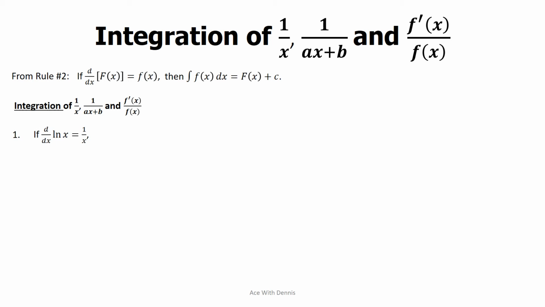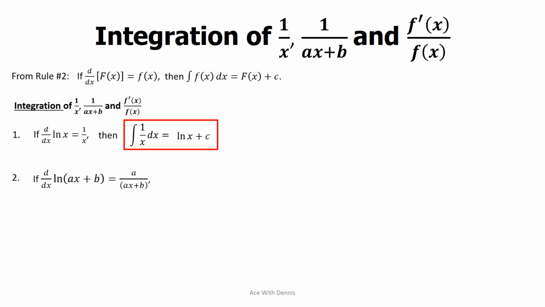Number 1. If d over dx of ln x equals 1 over x, then the integration of 1 over x dx equals ln x plus c. So please remember this equation. Number 2. If d over dx of ln bracket ax plus b equals a over ax plus b, then the integration of a over ax plus b dx equals ln ax plus b plus c.